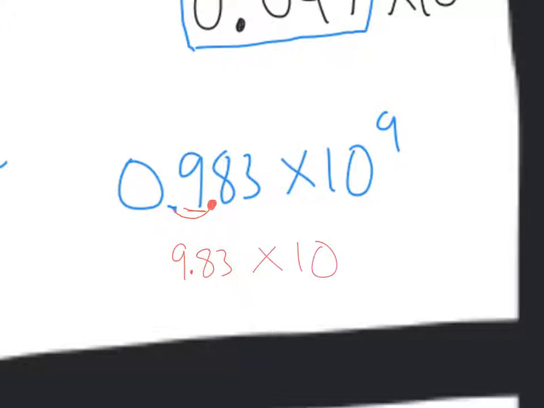And since we moved 1 to the right, we're actually going to have to take 1 away from our exponent to account for that, to get 10 to the 8th power.